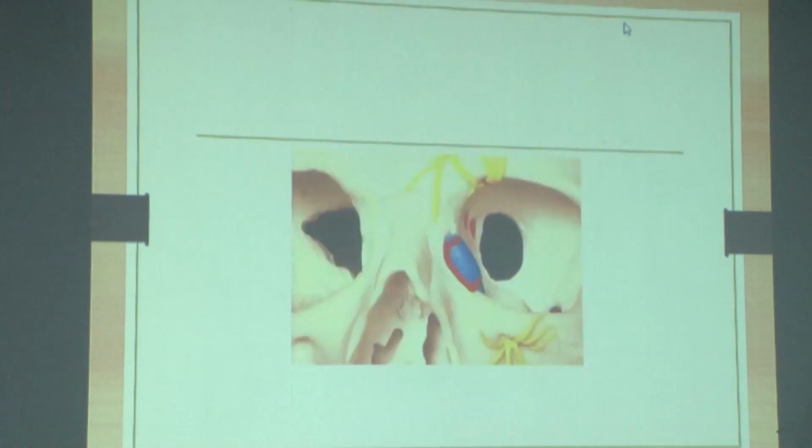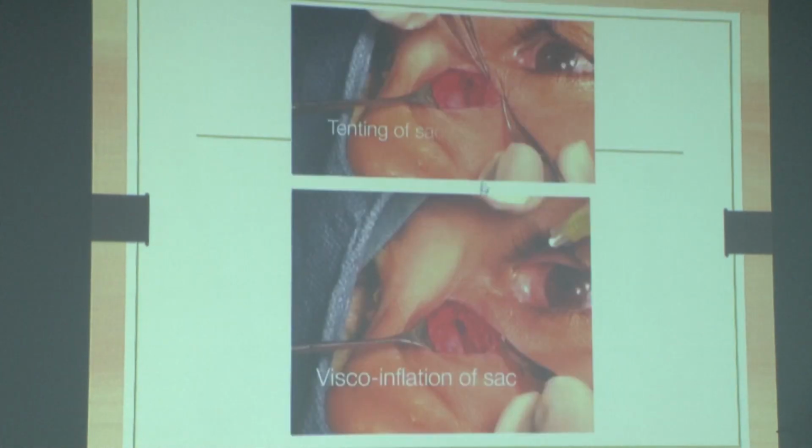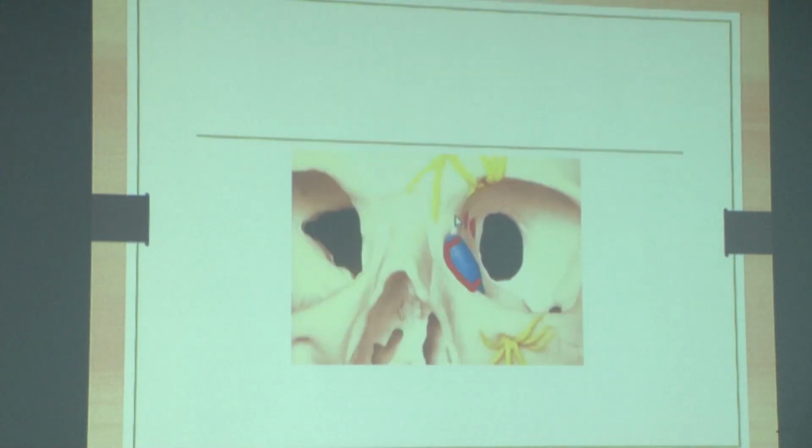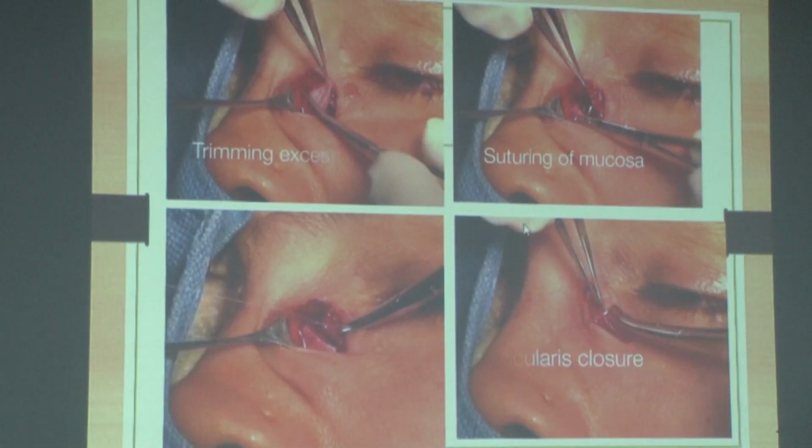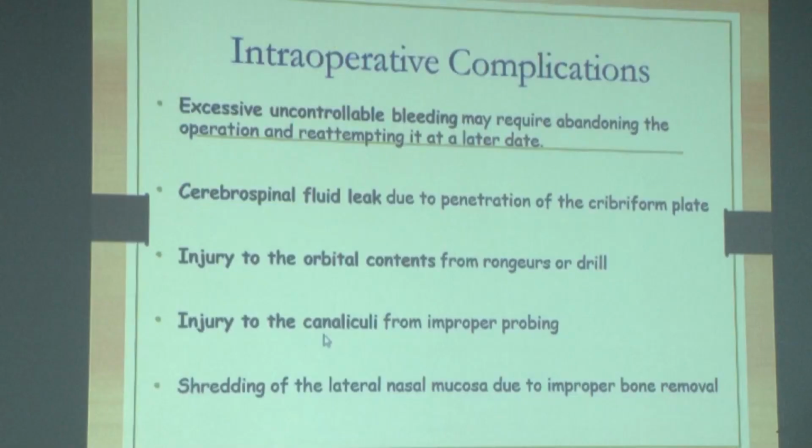Then both the nasal mucosa and the lacrimal sac are exposed here, and you can easily identify these structures and cut the lacrimal sac in this fashion. You can augment the anesthesia with a further injection, and then this can be cut, the excess part can be removed, and then sutured tightly and anchored to the structure.